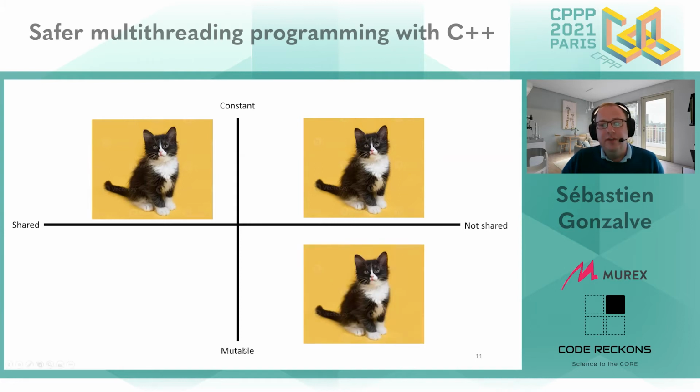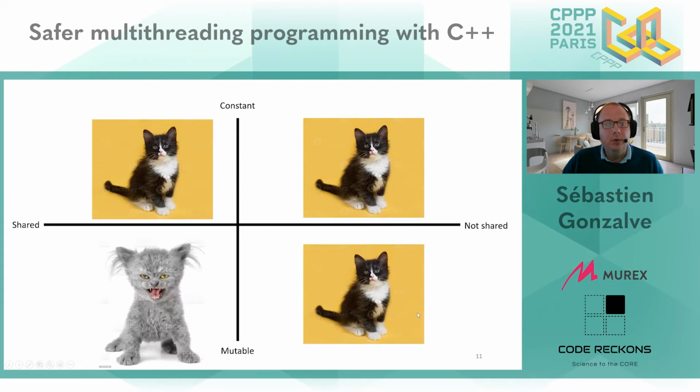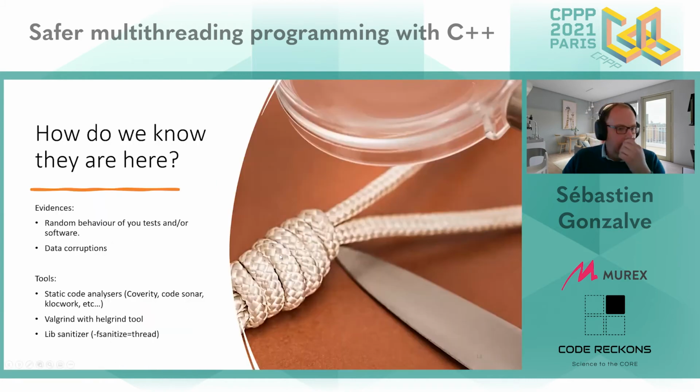If you don't share things but modify them, it's just like single-threaded code, so it's still okay. But problems come when you have mutable things and share them. This is where the problem arises, and the little cat is not really happy here.